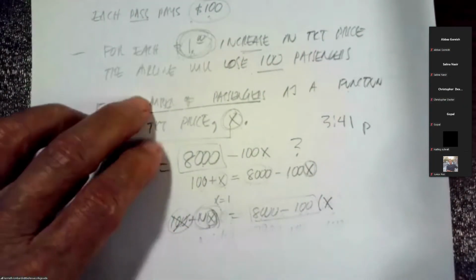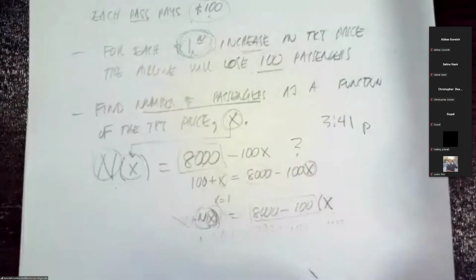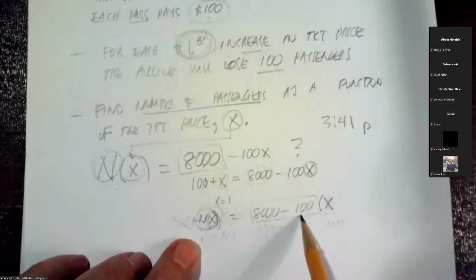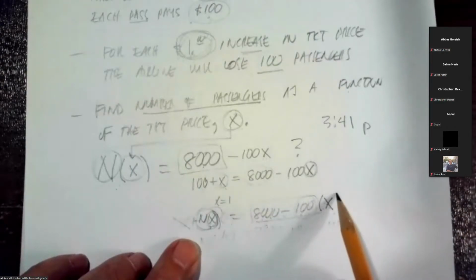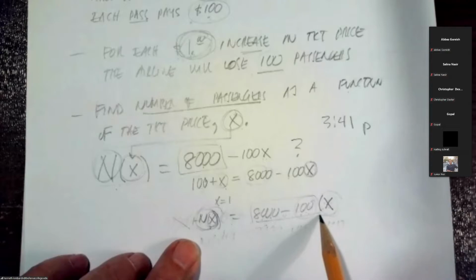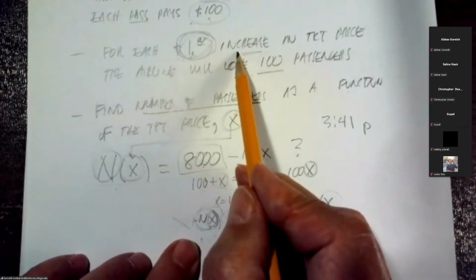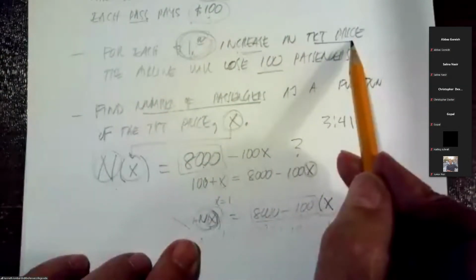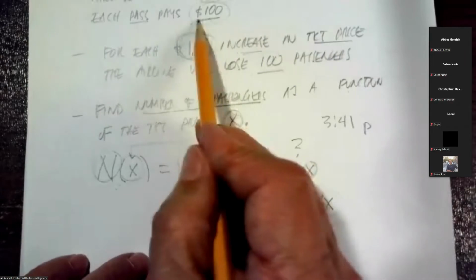So we're going to change this to n as a function of x equals 8,000 minus 100. We're going to lose 100 every time x is above the ticket price, which is what's the ticket price? 100.